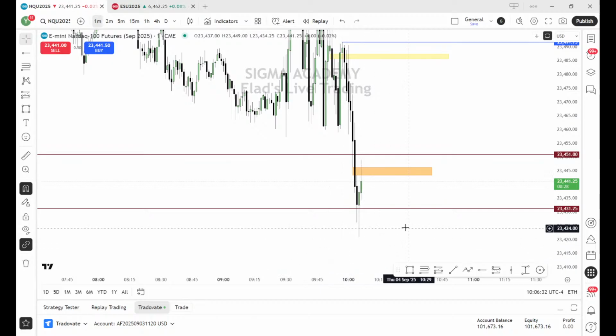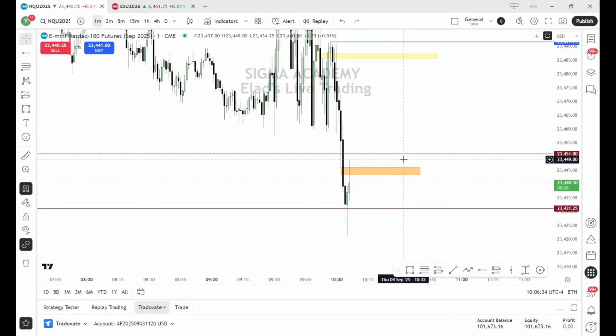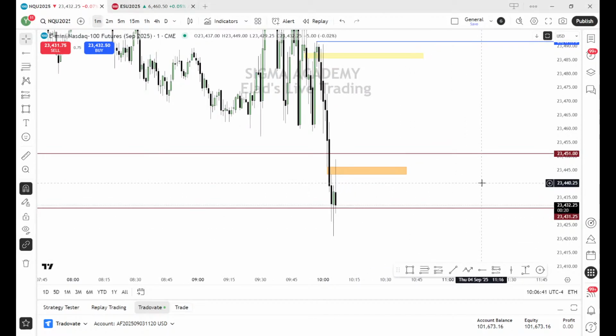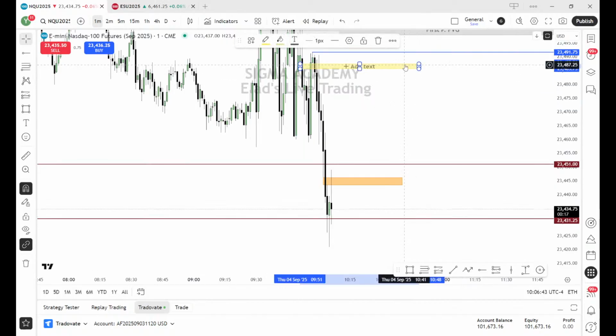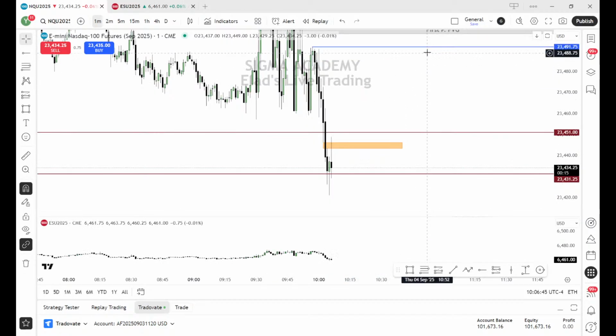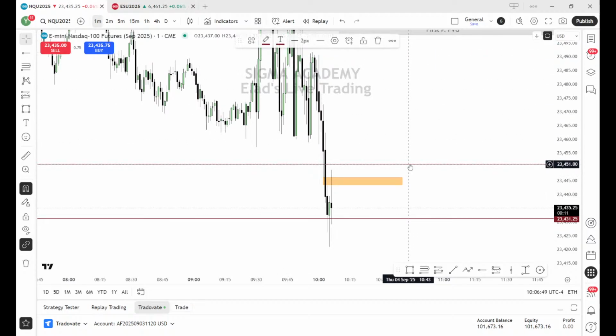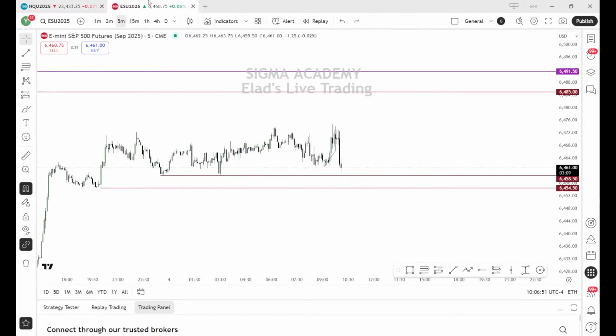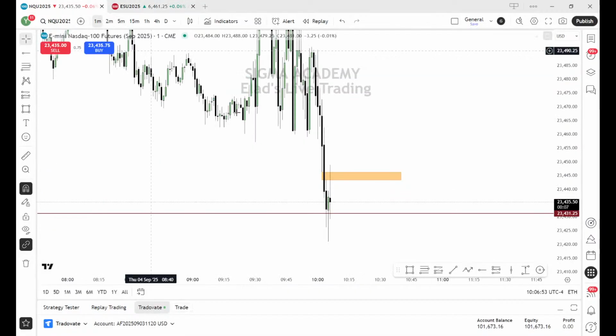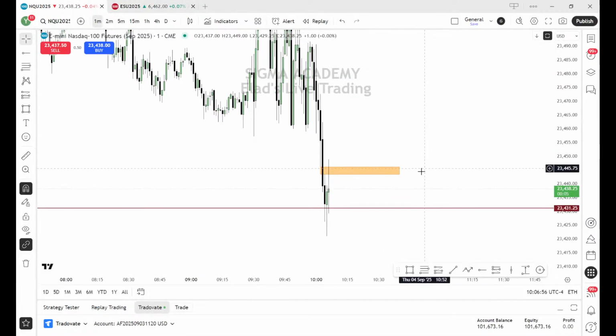Let's wait until it violates it. We can remove those. For now, we have liquidity on our side. Close below is fair value gap. So for now, I'm waiting.